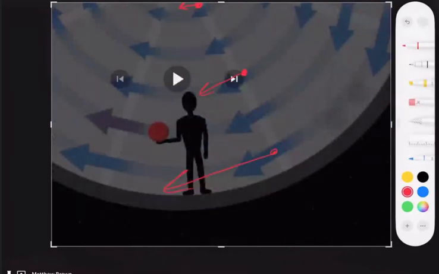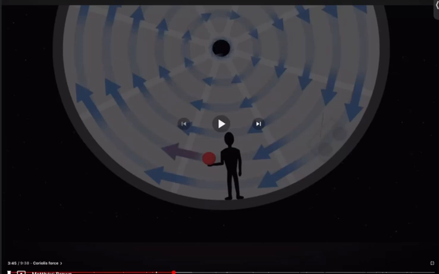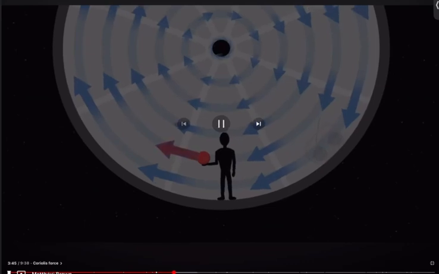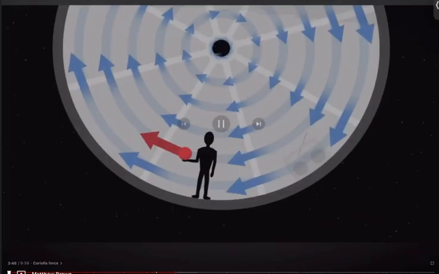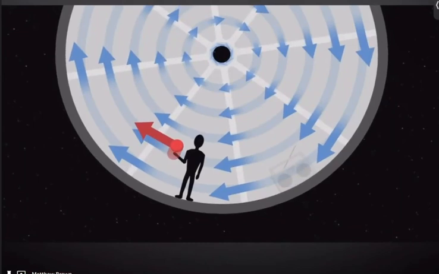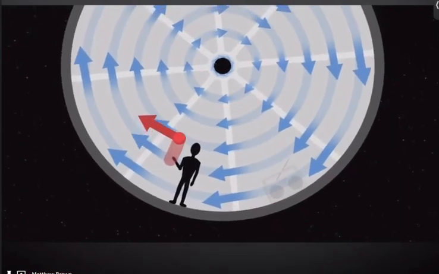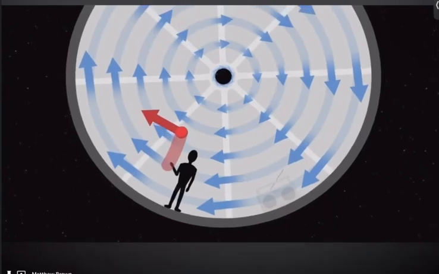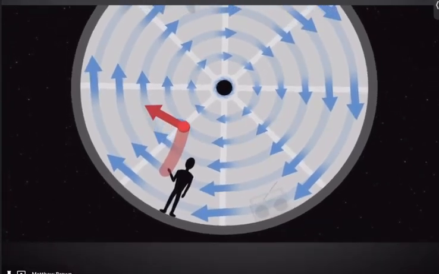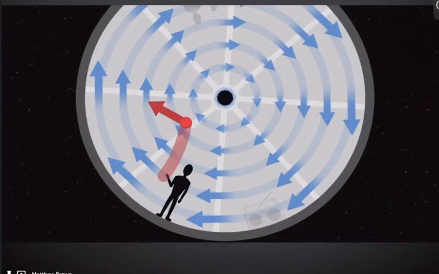So give that a second. Now the question is, what happens if this astronaut throws the ball up into the air? You can see the ball is getting closer to the axis of rotation, to the center.